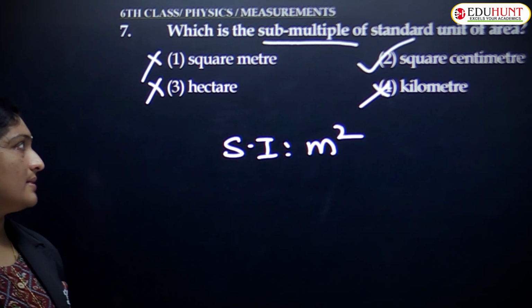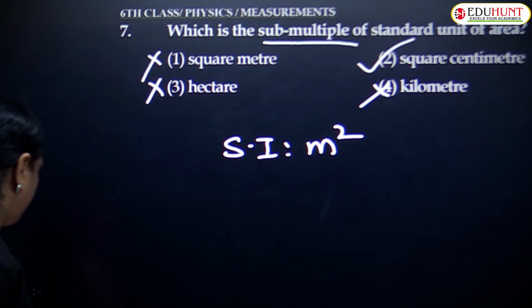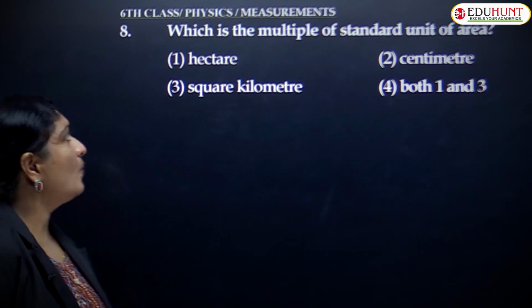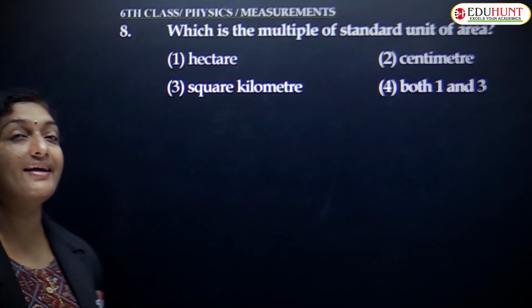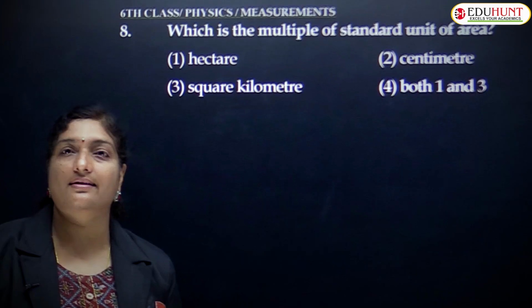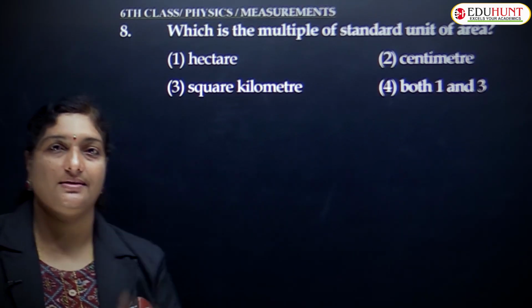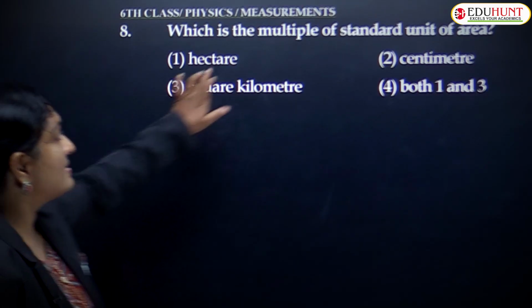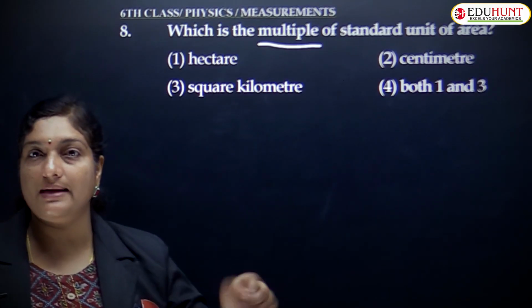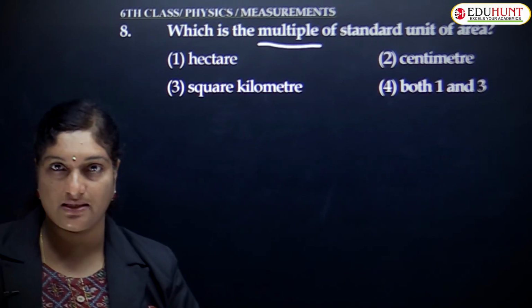So what is your correct answer? Square centimeters. Yes. Now the next question. Which is the multiple of the standard unit of area? The standard unit of area, we have just discussed. It is meter square. And you're asking for the multiple. Multiple means the larger value. Earlier sub-multiples were lower values, that is centimeter square.